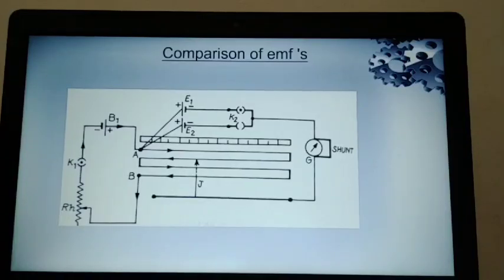See, this is the diagram for comparison of EMF. I already told you there is a primary circuit for the potentiometer apparatus, in which we have the battery B1, K1 and RH.